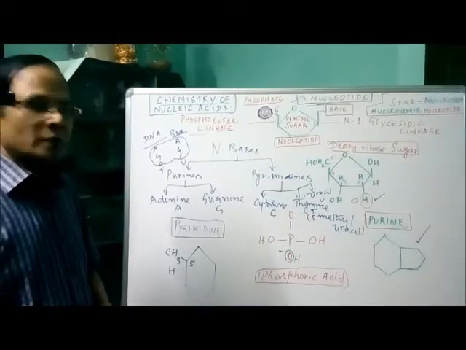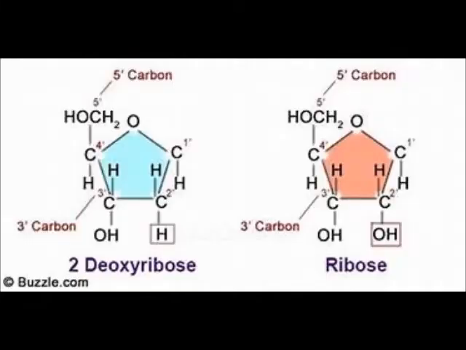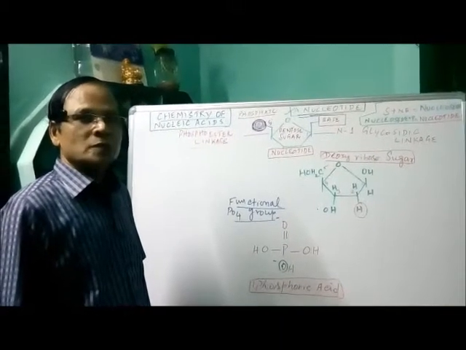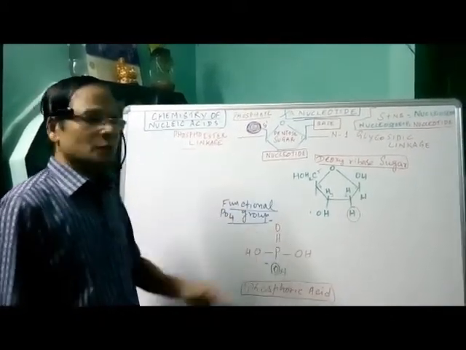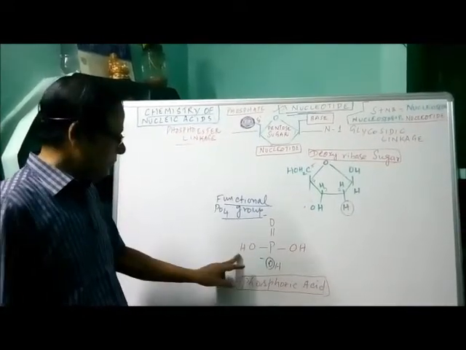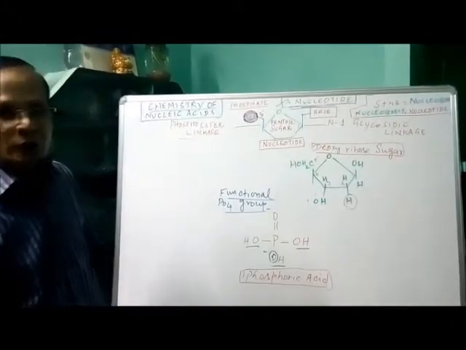Now we have to go for the next one, the phosphoric acid. Let us talk about the 3rd component of a nucleotide, that is the functional phosphate group. It is derived from phosphoric acid, which has 3 active hydroxyl groups.